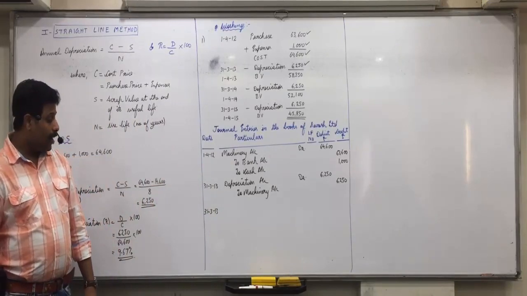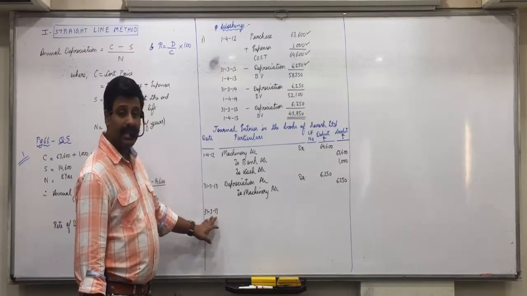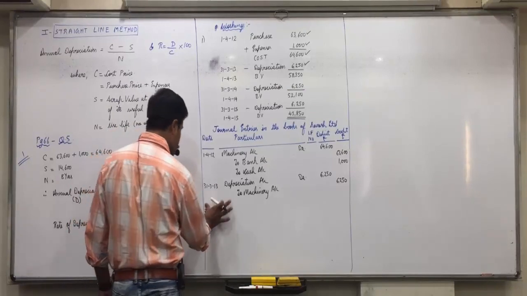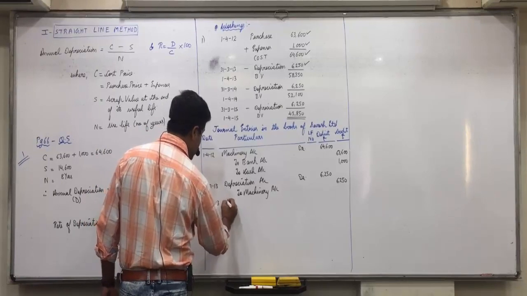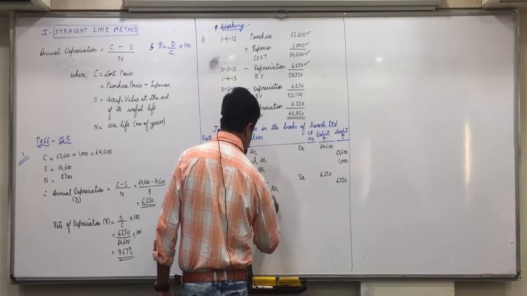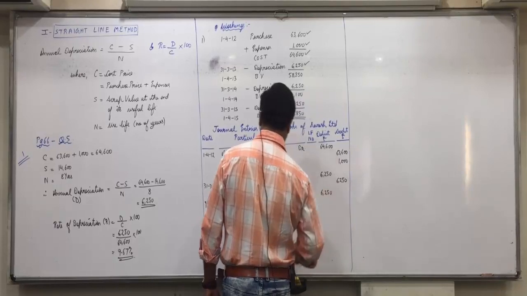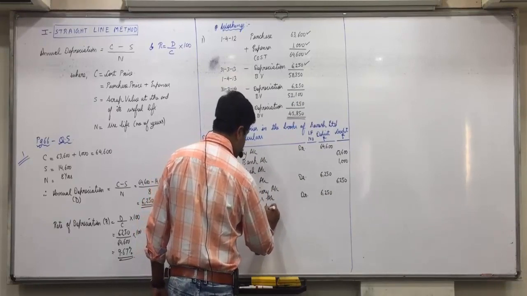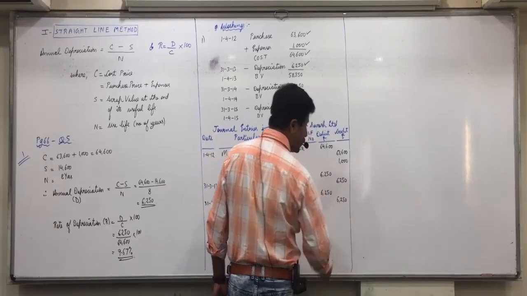Understood this? Now on the same date 31/3/13, depreciation will be closed and transferred to profit and loss account. So 31/3/13, profit and loss account debit 6250 to depreciation account 6250.